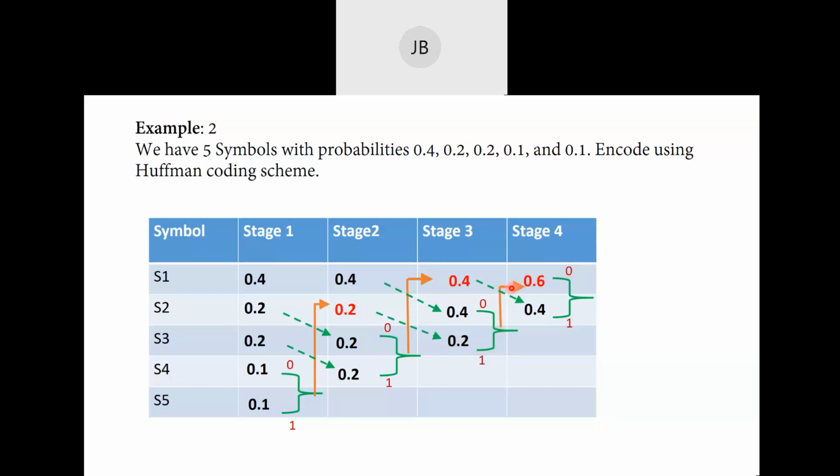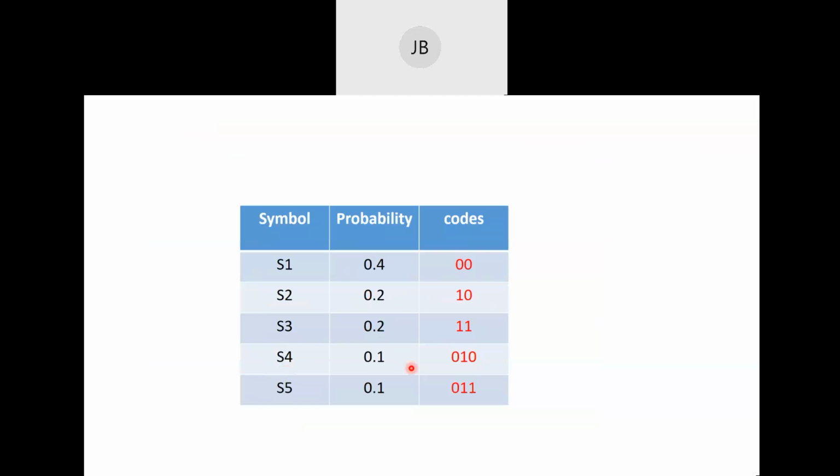I get a 0, and then I get a 1 here, and then I move this direction, and then I move here, and then I get a 0 here. So 0 1 0 is for S4, and for S5 it is 0 1 1. That's what we have seen. Similarly, the other code words you can find out by tracking in the reverse direction.